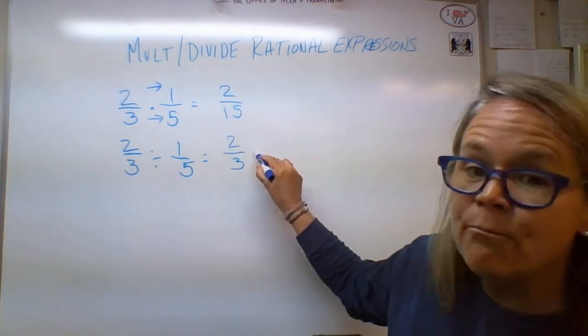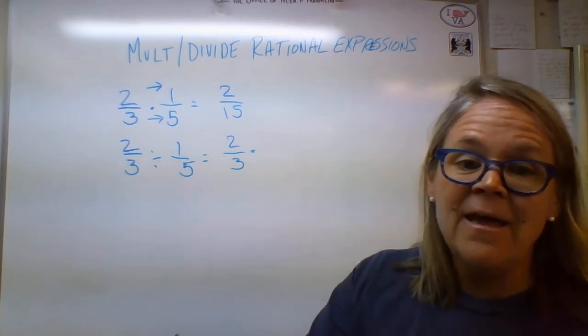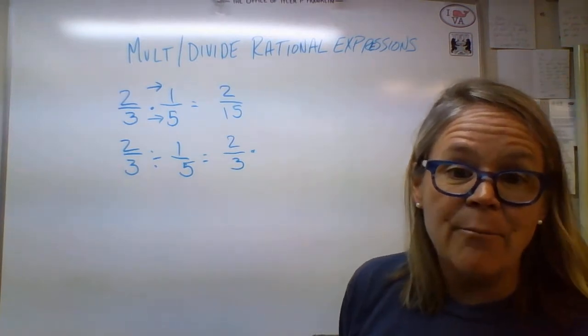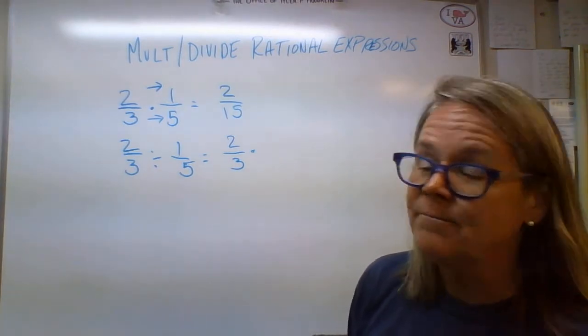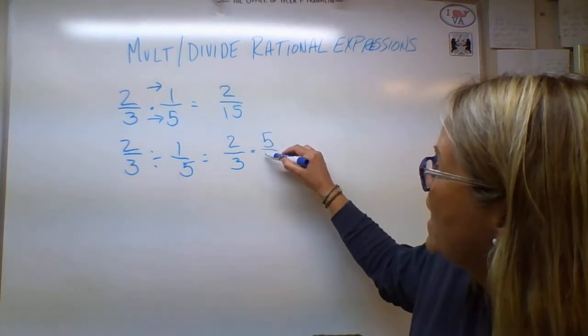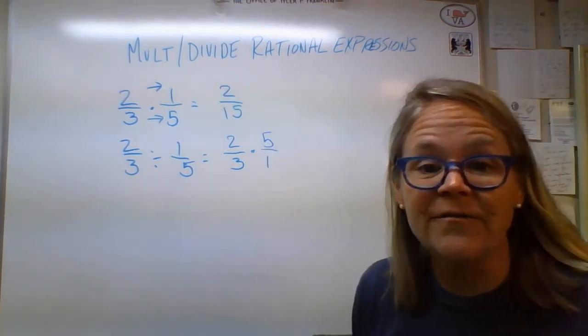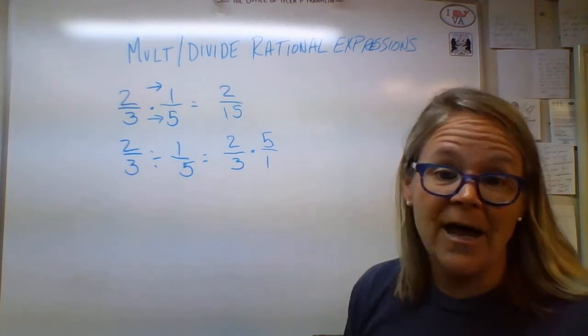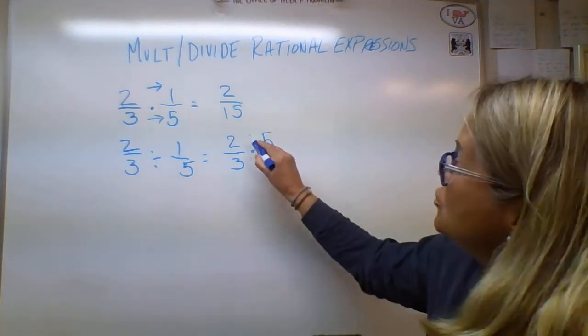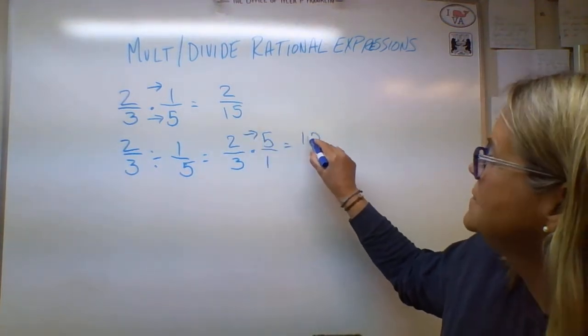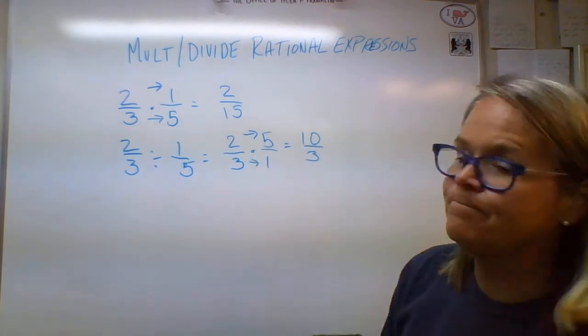Division becomes multiplication, and you multiply by the reciprocal of the second fraction. So now your division problem is 2/3 times 5 over 1, straight across, 10 over 3.